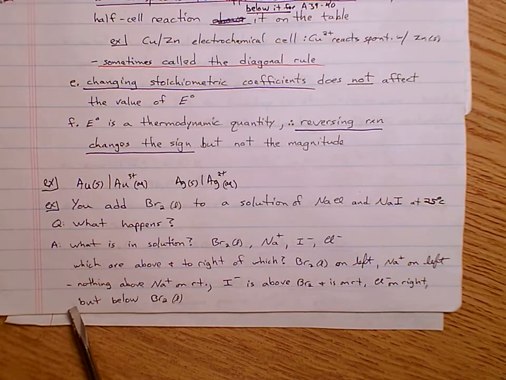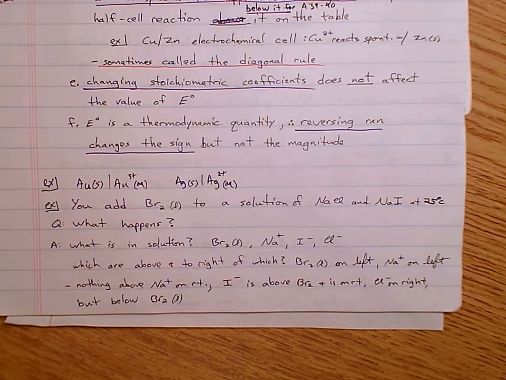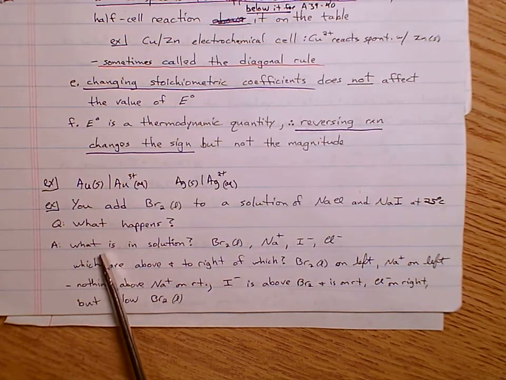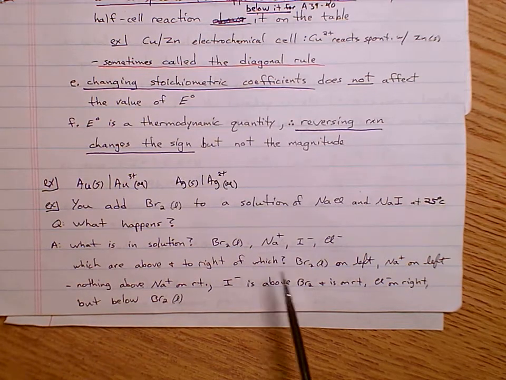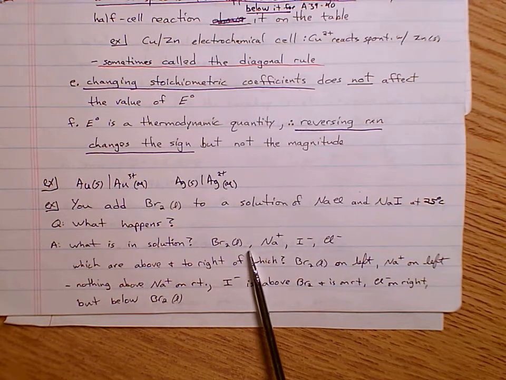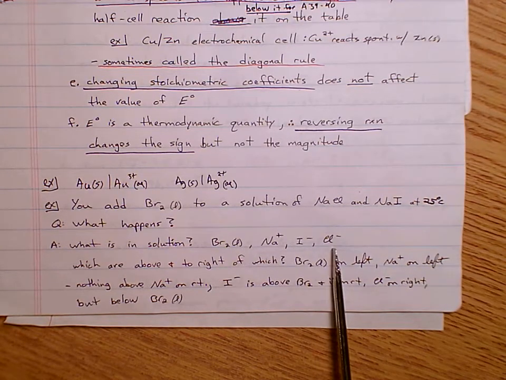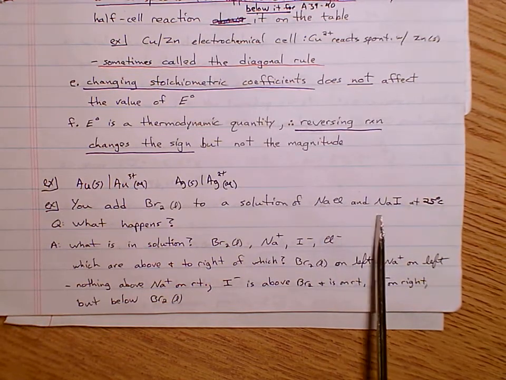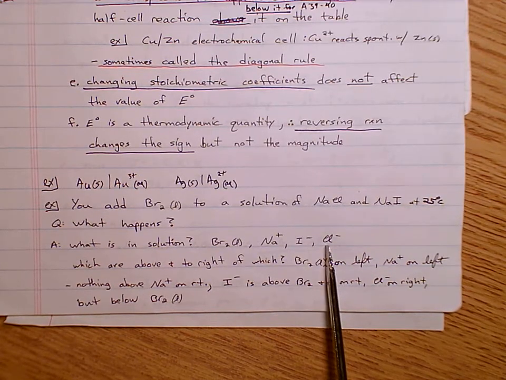All right, so the first thing to ask is, what's all in solution? Well, we have Br2 liquid, Na plus ions, I minus ions, and Cl minus ions, because we have sodium chloride and sodium iodide.